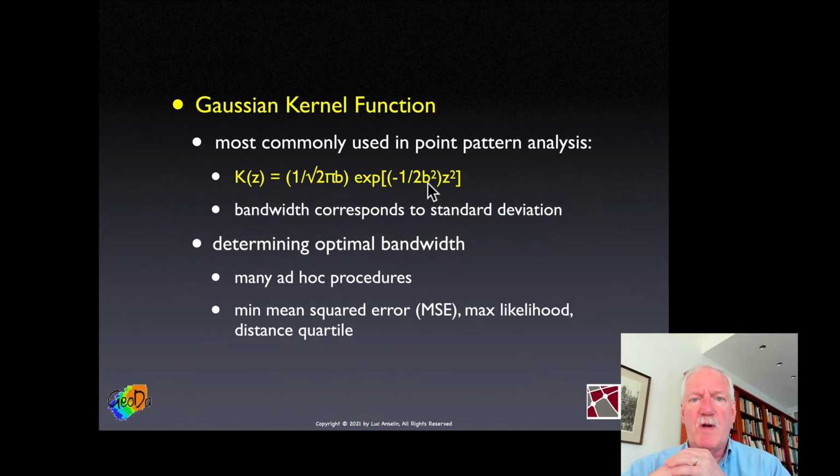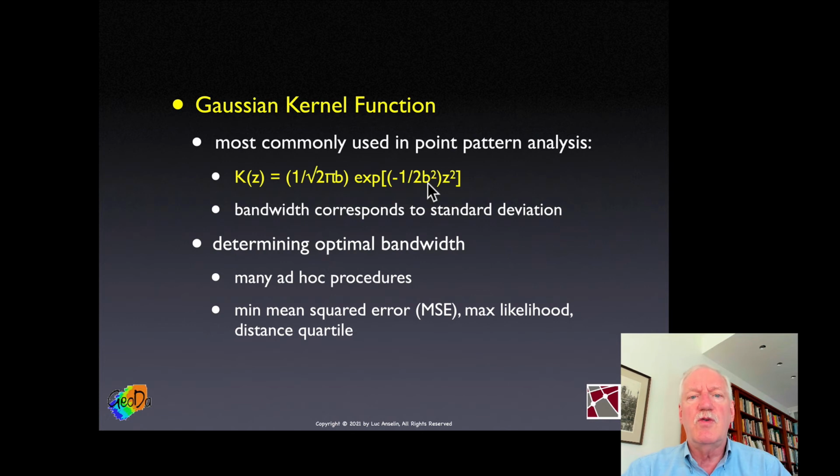You can use a probabilistic approach and pick the one that yields the highest likelihood. You can do an ad hoc procedure and just look at the distribution of the distances and then pick a quartile or a quantile in the distance distribution. So you look at all the distances and say pick 20% or 25% or 10% and just see what it matters.